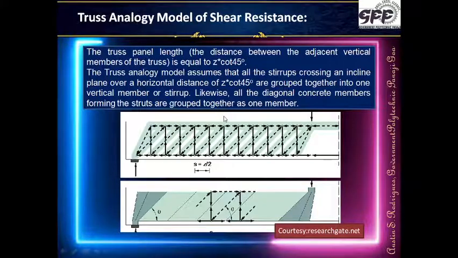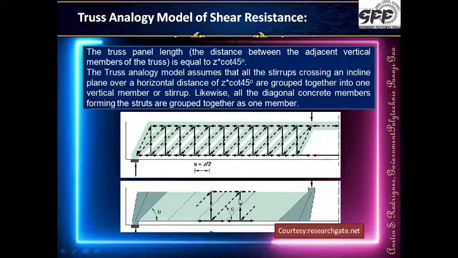So for two over here we show one stirrup, and likewise all the diagonal concrete members forming the struts are grouped together as one member. So two of these form one member.